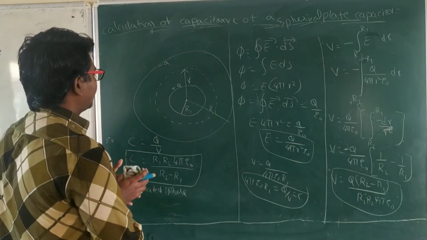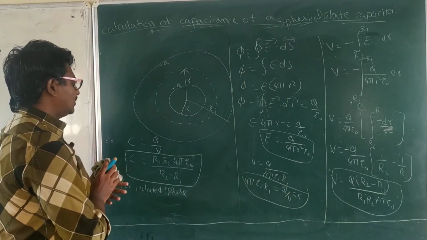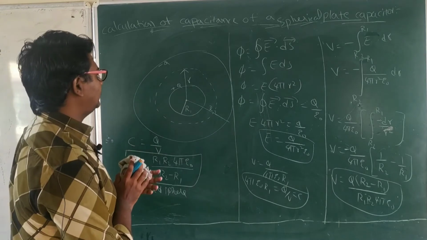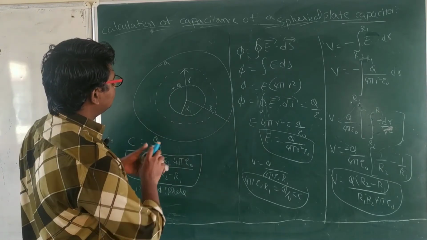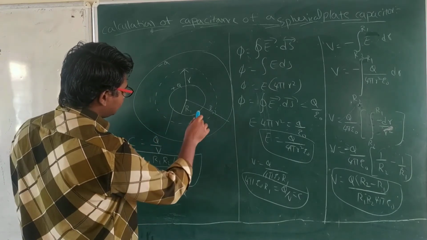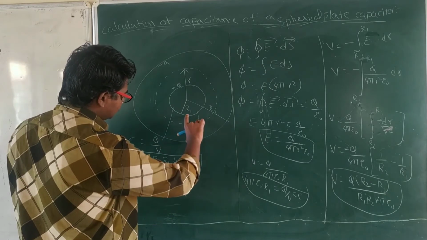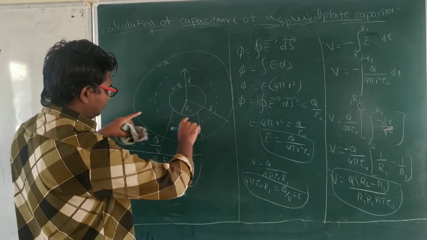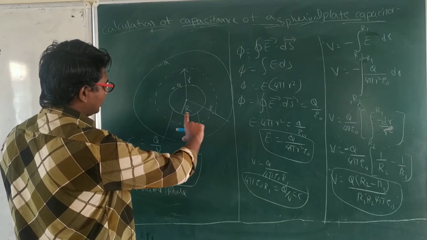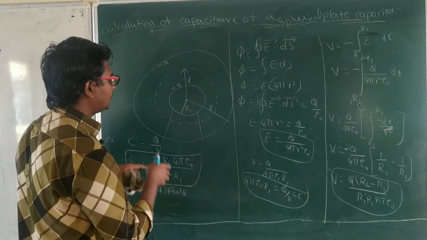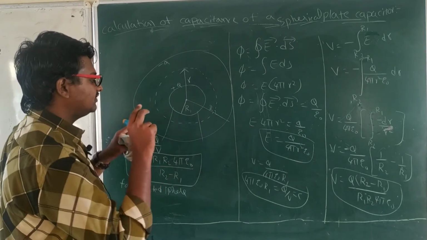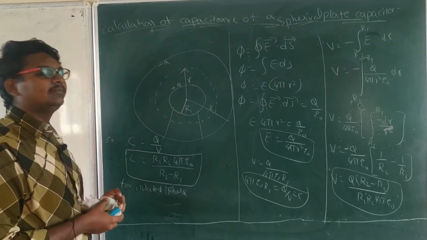And now another case. If you consider R1 and R2 are very big, and you cut this section and look, these two curves will appear like parallel lines. Then it will appear like a parallel plate capacitor.